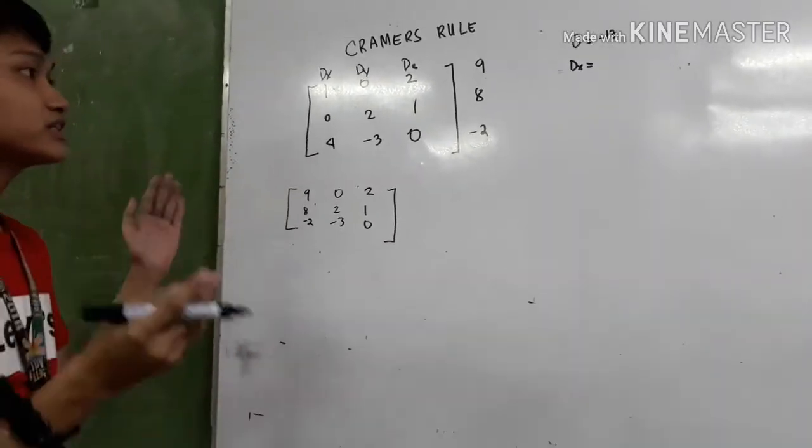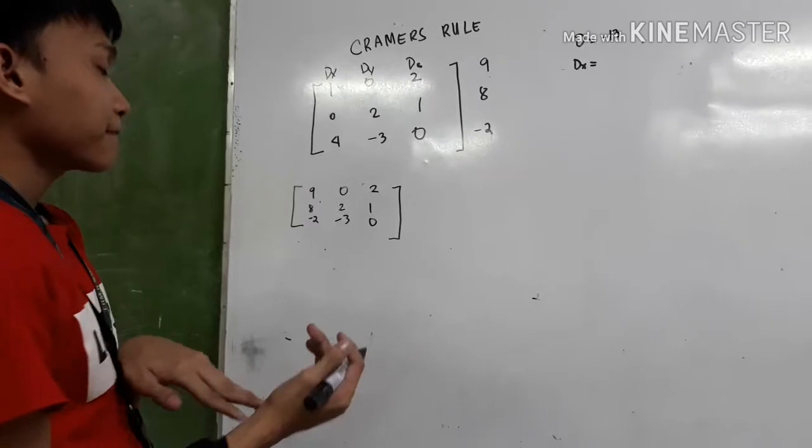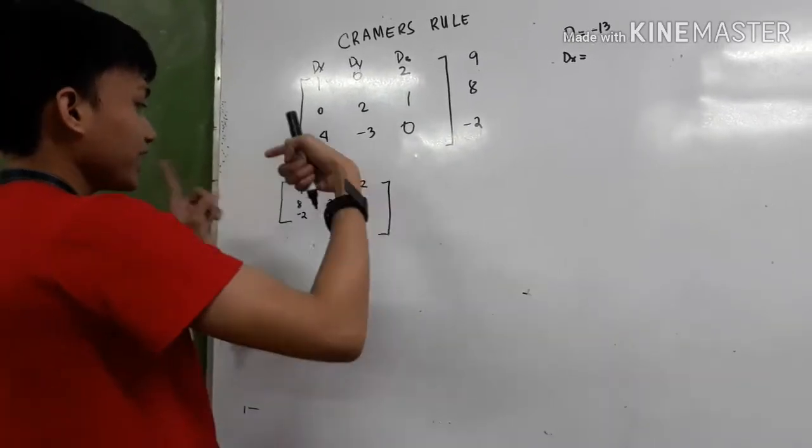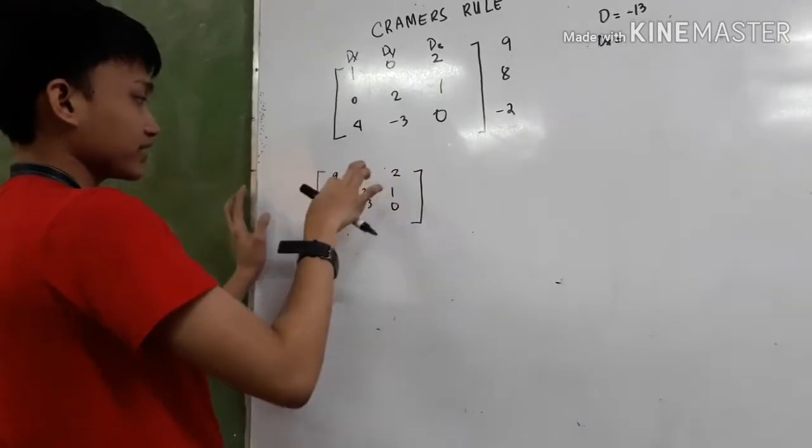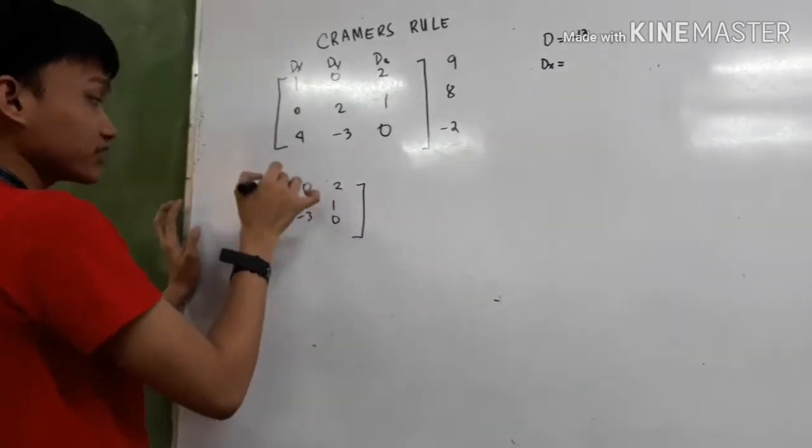Like what we did in the first part, we eliminate this portion and put it in times 9.